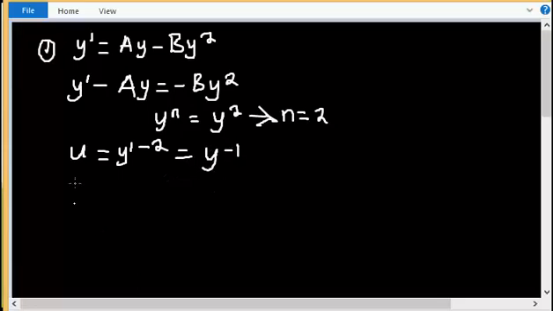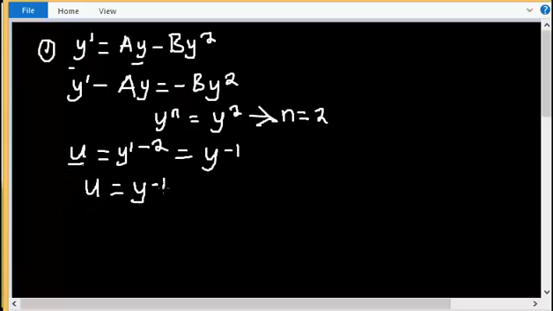What's the whole idea? The whole idea is for me to replace the dependent variable y, and of course the derivative of y, by the new variable I've introduced, u. So u is equal to y raised to power minus 1.